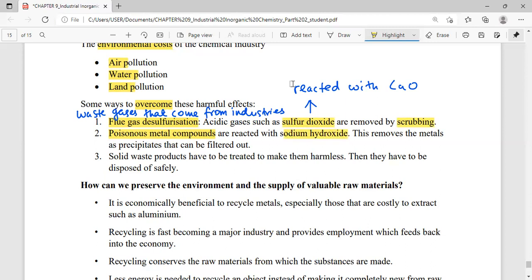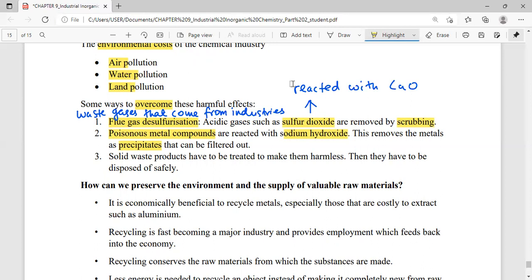We learned earlier that metal ions, when they react with sodium hydroxide, form a precipitate. The precipitate is a solid, so it can be filtered out and removed. Many metal compounds dissolve in water, and it's very difficult to separate them that way. But if they react with sodium hydroxide and form the precipitate, then it is easy to filter out the metal compounds.